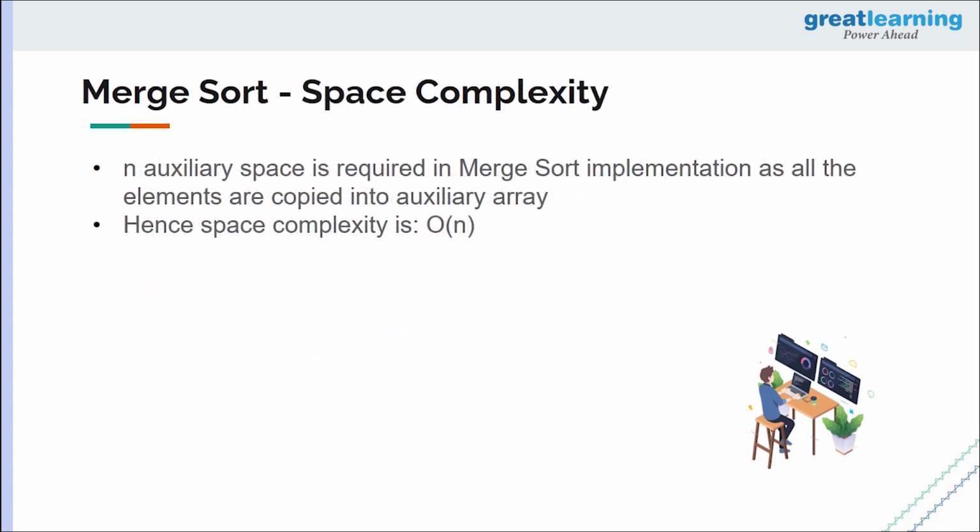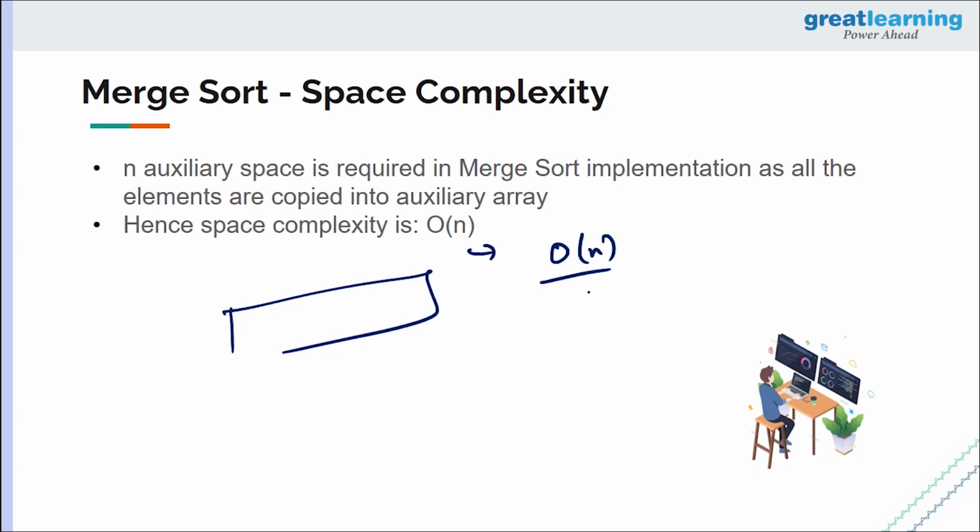Now, what about the space complexity? If you talk about space complexity, here we are using extra memory, right? Let's suppose in the last case, we are using memory of size 1. And in the case before that, we are using memory of size 2, then 4, then 8. So in the worst case, the space required is n amount of memory, right?